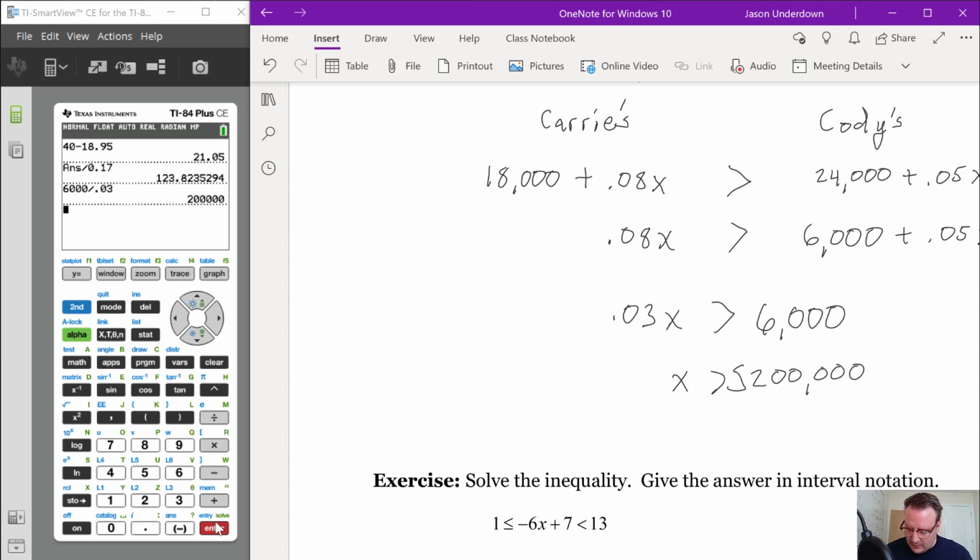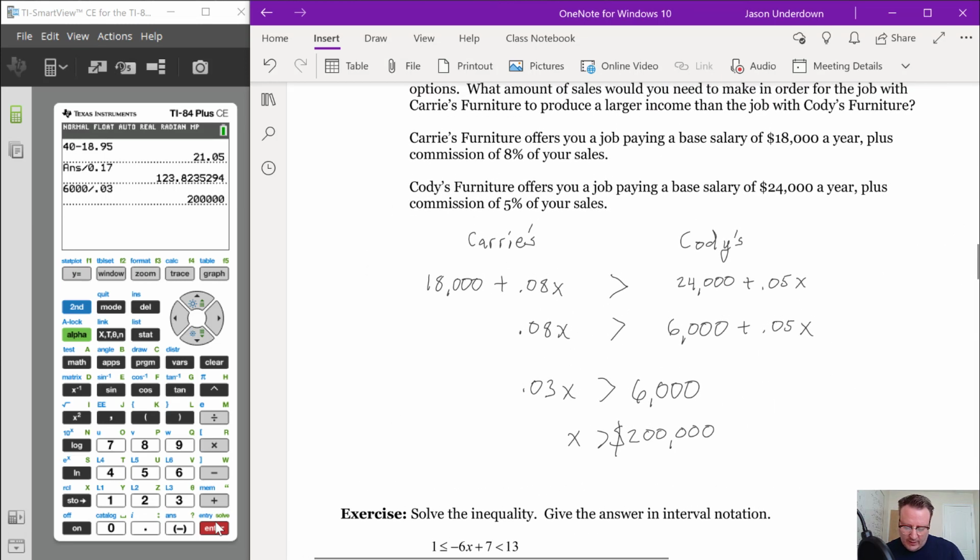Remember, in this case X is representing our total sales for the year at either store. So as long as we sell more than $200,000 in furniture every year, Carrie's furniture store is going to be the better job than Cody's.